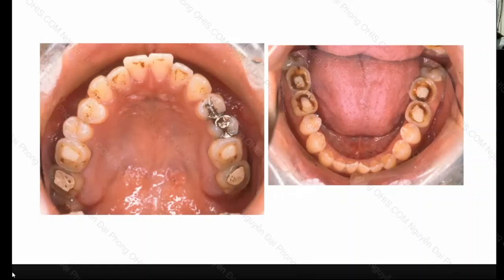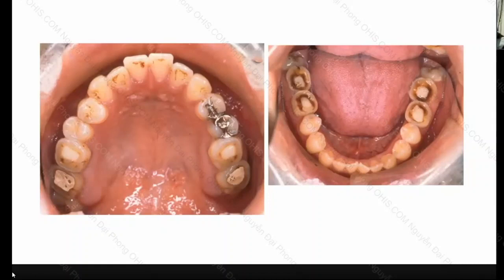If grinding the 6 and the 7, then the anterior bite closes a little bit, then now I'm happy. But 3-4 months later, again opening, then go to the dentist, then grinding again, then a little close.